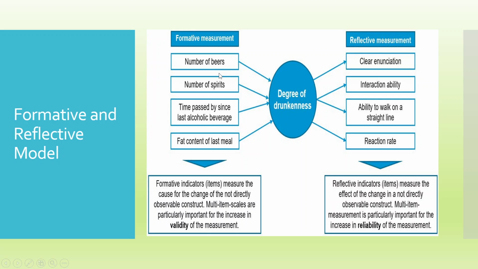Now let us understand that if there is a drunk person, what characteristics he or she will exhibit. So a drunk person will have a problem of sentence forming, interaction ability, ability to walk on a straight line, or the reaction rate will become slow.